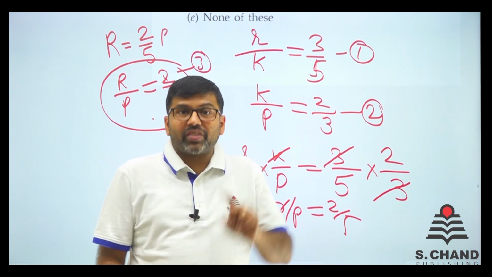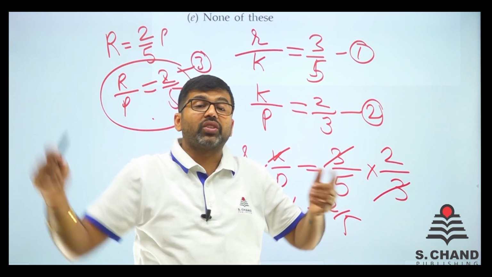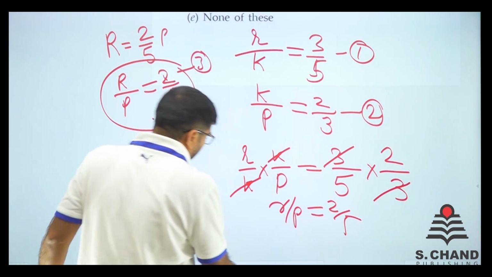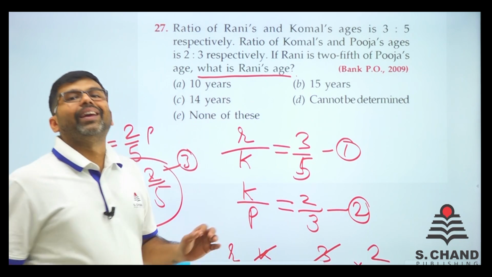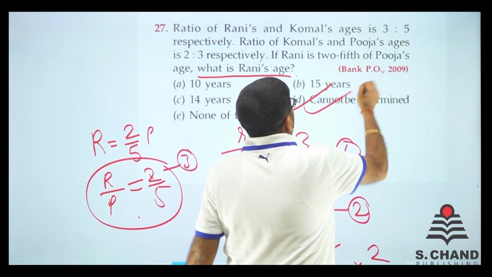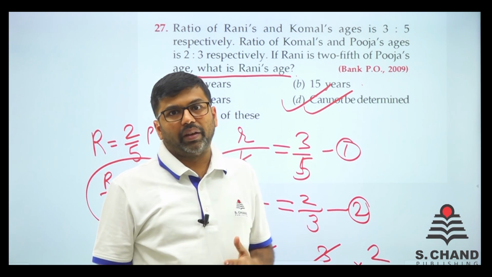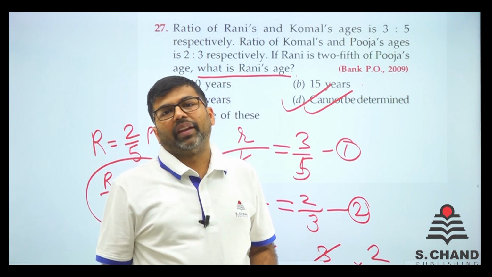If R changes, K changes, P changes. So the answer cannot be determined because the data is inadequate. So the answer is D. ऐसा भी क्वेश्चन आता है, ध्यान रखिएगा. इक्वेशन नहीं है, वो तो सिर्फ रेशियो गिवन है.